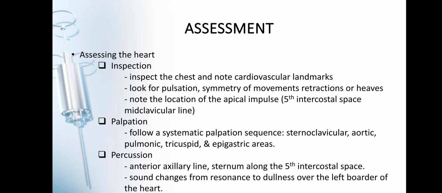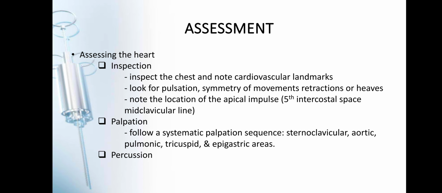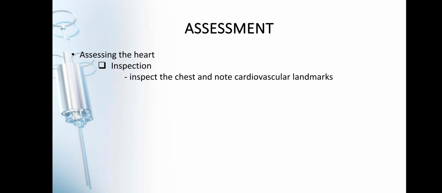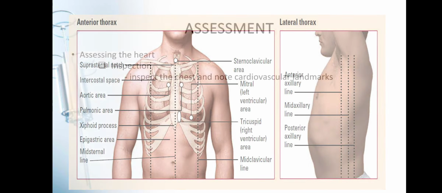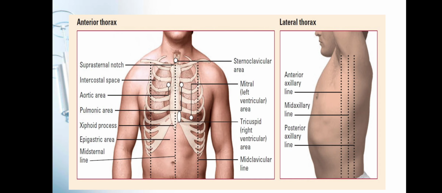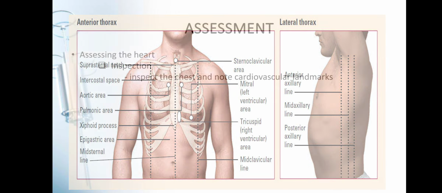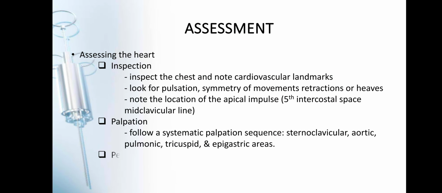The sound changes from resonance to dullness over the left border of the heart. So, ito po siya yung sinasabi lang anterior, ito yan. Gina-percuss natin po yan siya. Yan po yung landmarks. Okay, we have anterior axillary line, mid axillary line, and posterior axillary line. So, dyan ka nagpo-percuss. Okay?